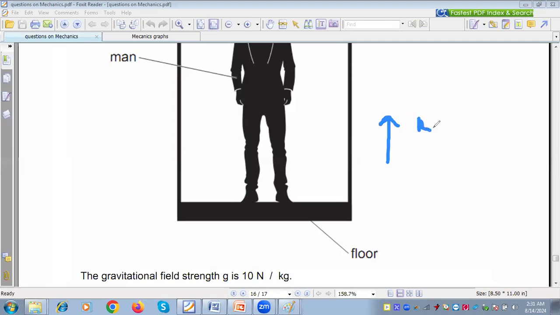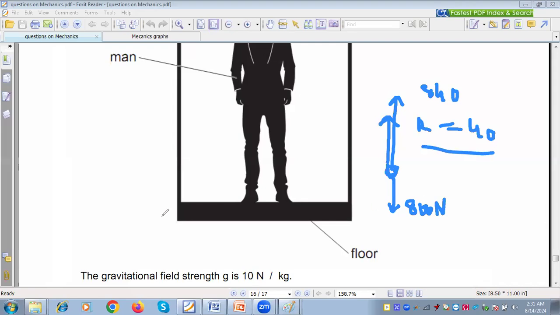And this was 40. And this is the person and the weight 800 Newton. Means upward force has to be greater than the weight. When the lift accelerates upwards, the floor of the lift pushes the person upward with the greater force. So that means it will be 840. So 840 minus 800 is 40, which is the resultant.